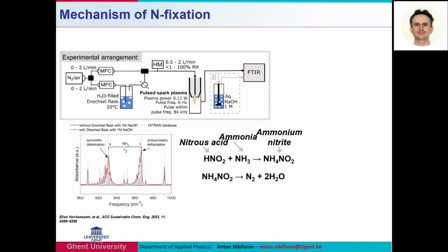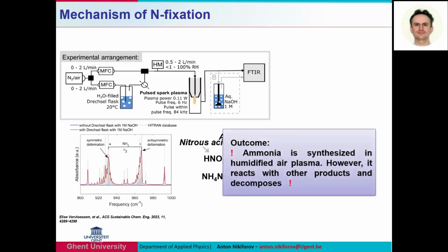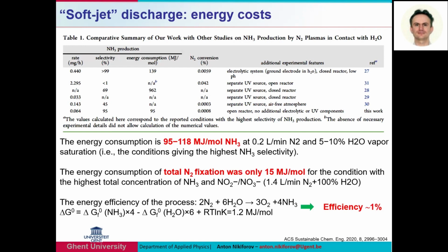So if we quench it in a good way, then we can produce ammonia-containing products, which can then be oxidized to form fertilizers in a single step. So ammonia indeed can be synthesized in humid air plasma. However, it reacts and decomposes. We need to find a good way to quench the products. And this could be the way to produce in a single step products which are useful for industry.